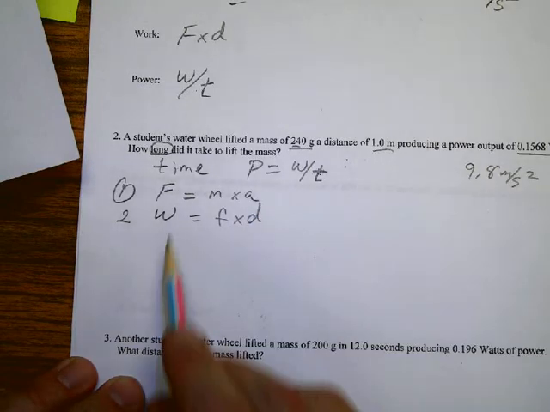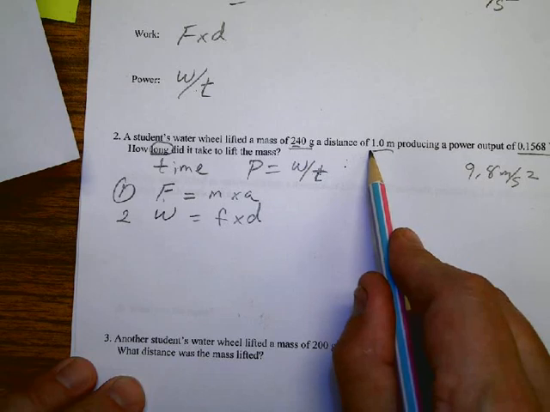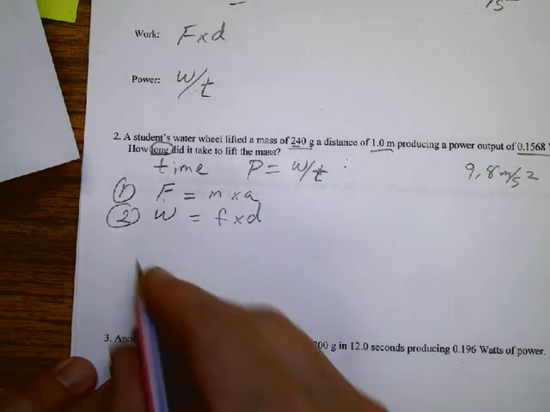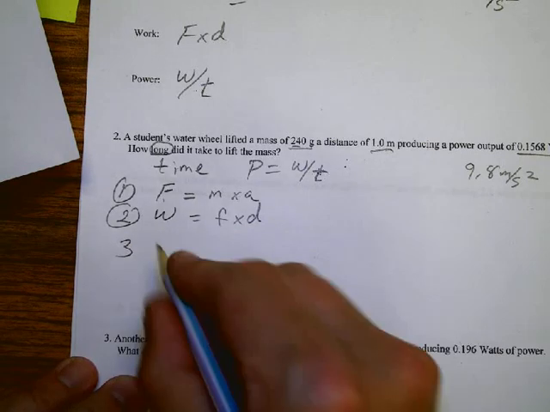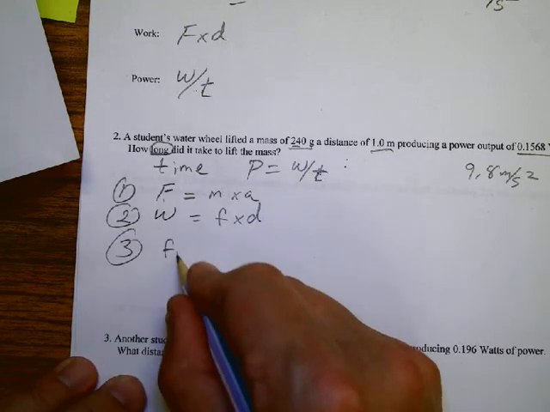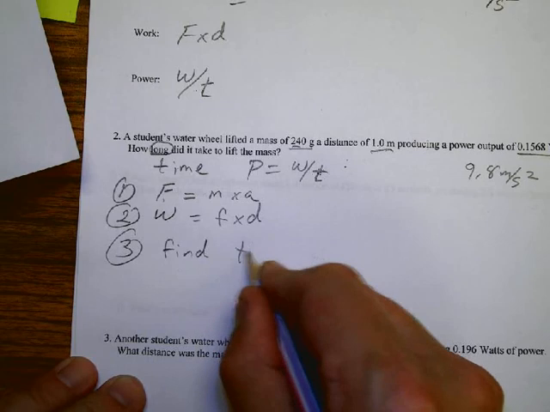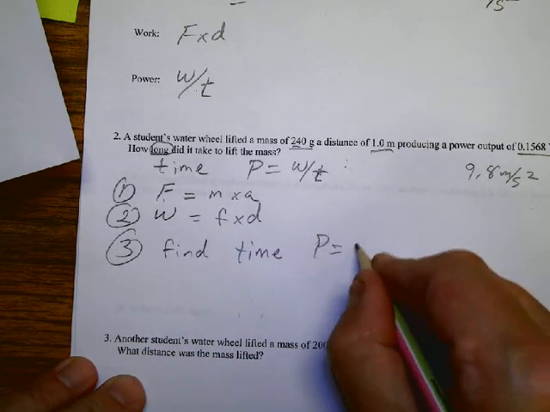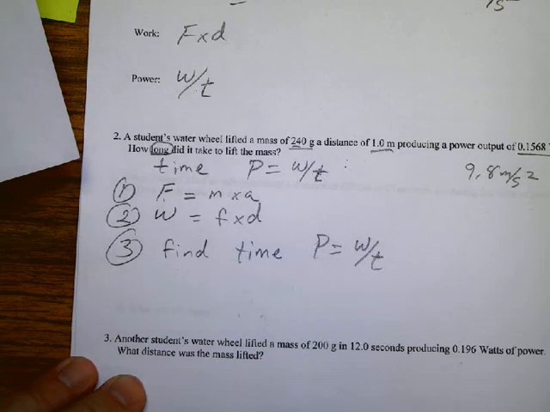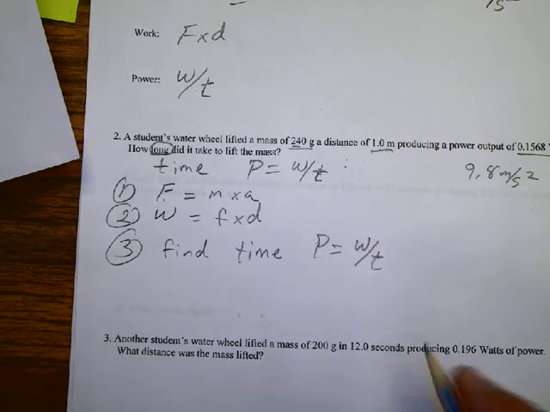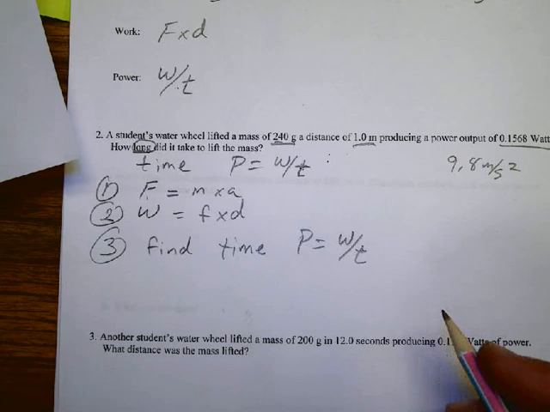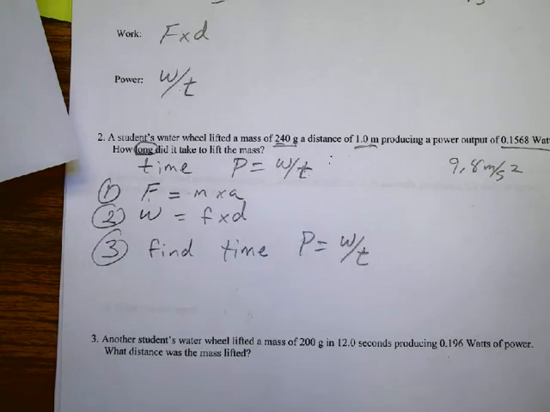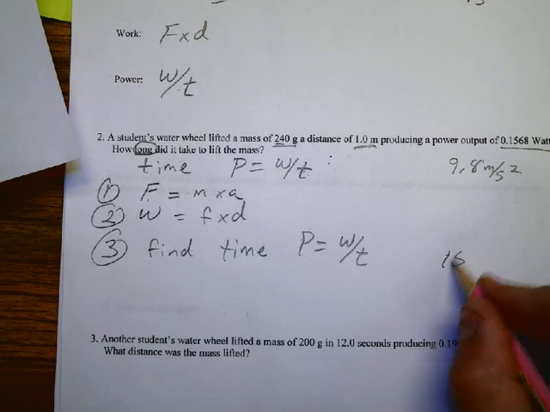You found the force up here, and you know the distance it was lifted, so you'll now know the work. Then the last step is to find time from power equals work over time. You'll need to rearrange that equation for time, and you should get an answer of 15 seconds.